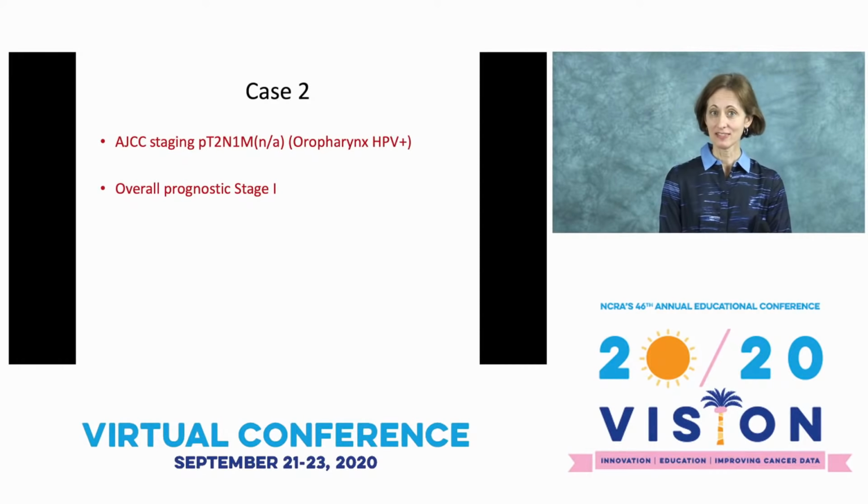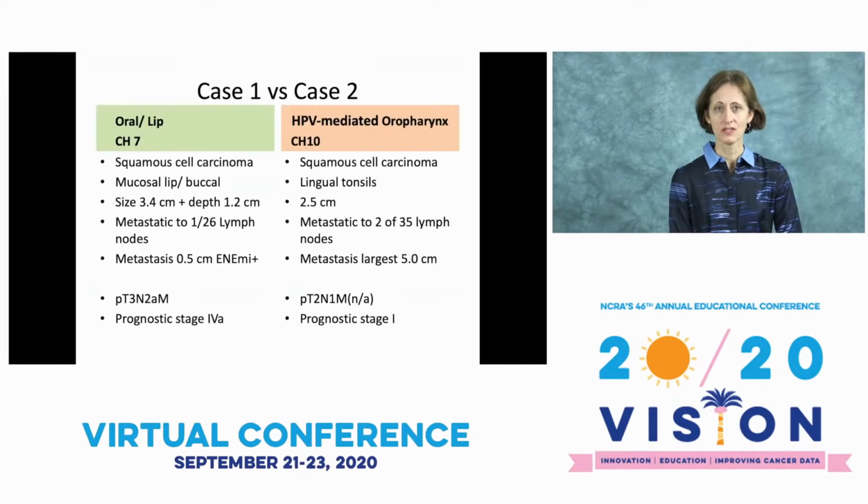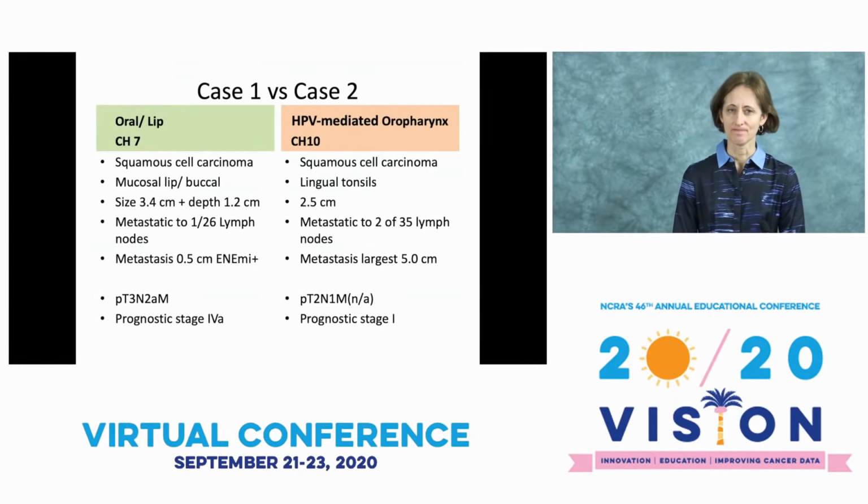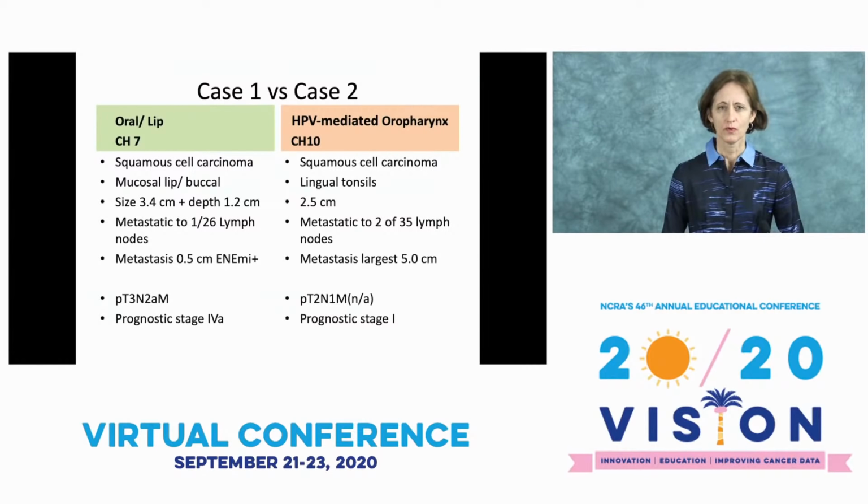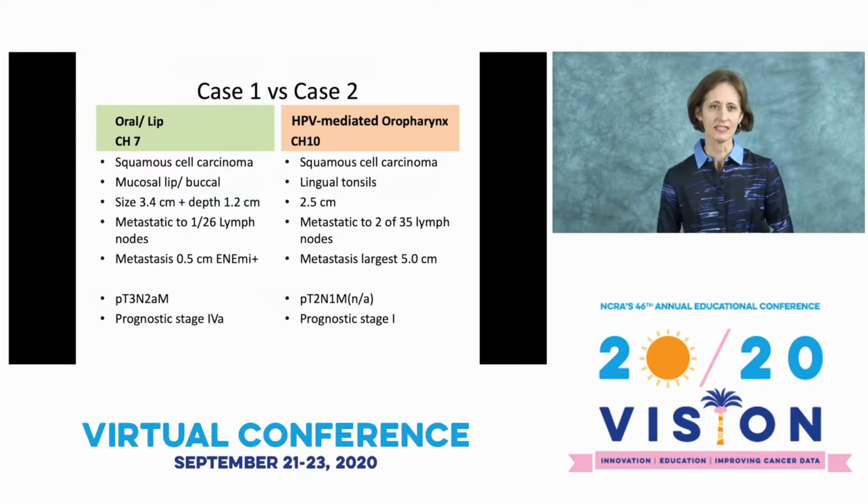So before I hand it off to Carolyn, I just want to do a real quick comparison for you between these cases. So what we heard is that, of course, knowing where the tumor starts may require clinical information, operative notes, and pathology.